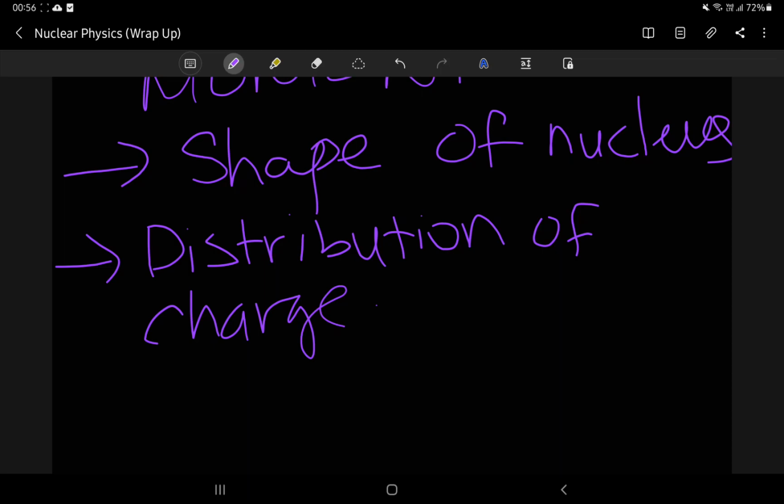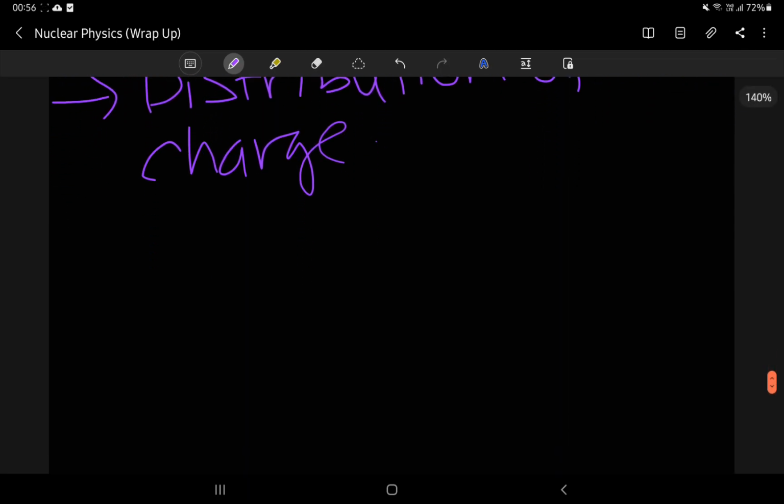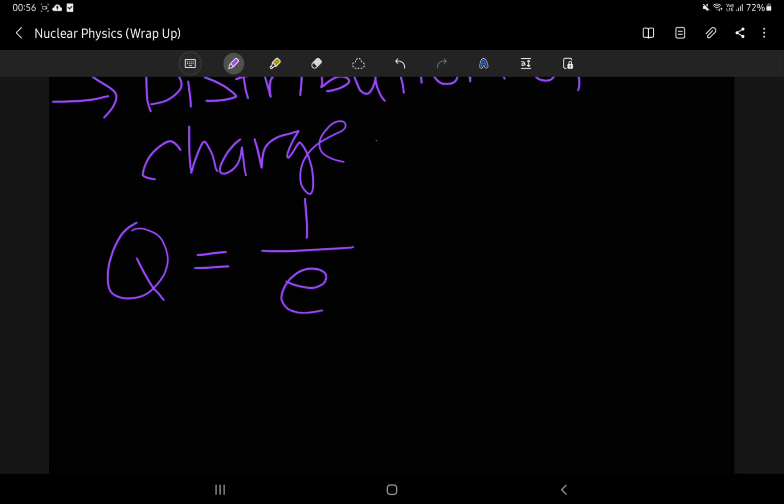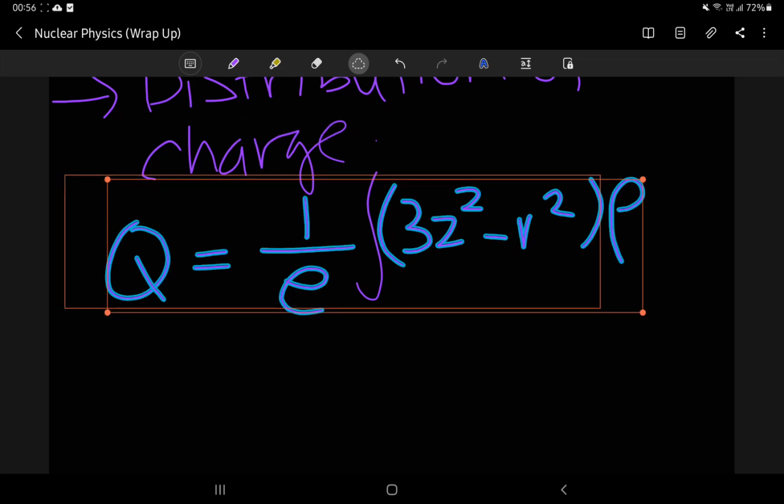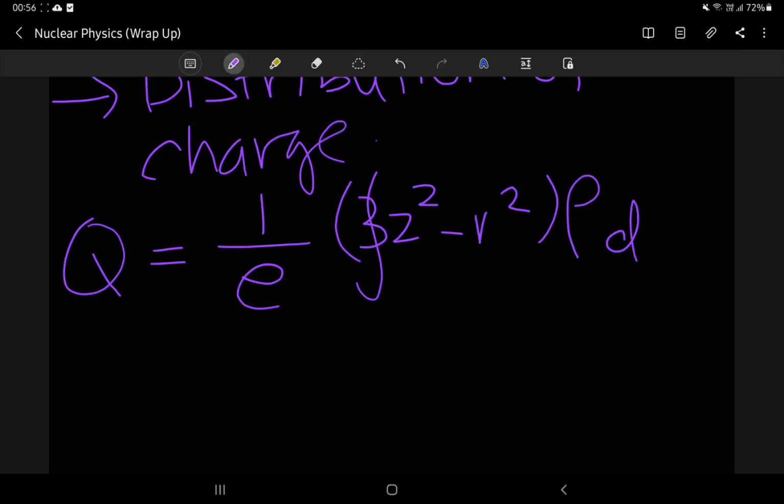It is given by a simple equation. We usually use Q as the electric quadrupole moment. Q is 1 over e, integrate 3z squared minus r squared, times the charge density, times d cubed r.